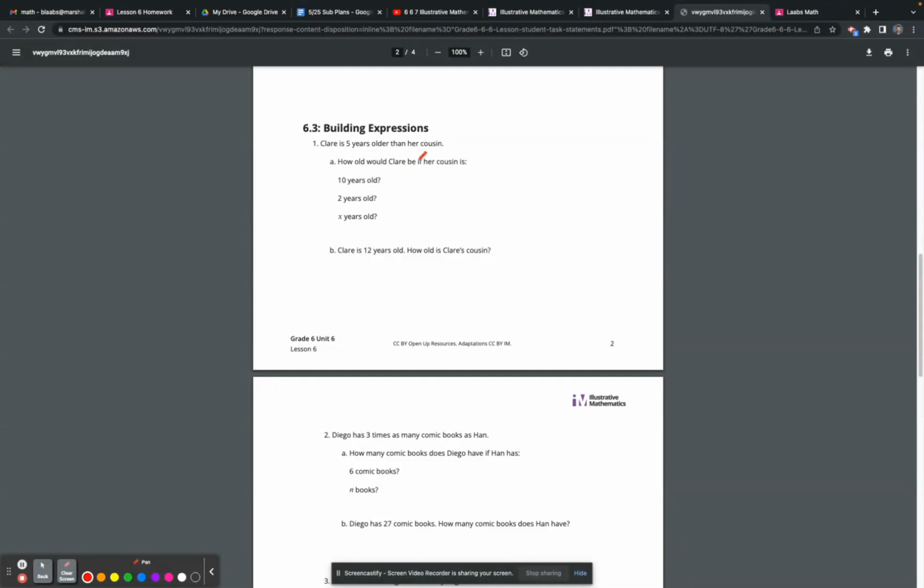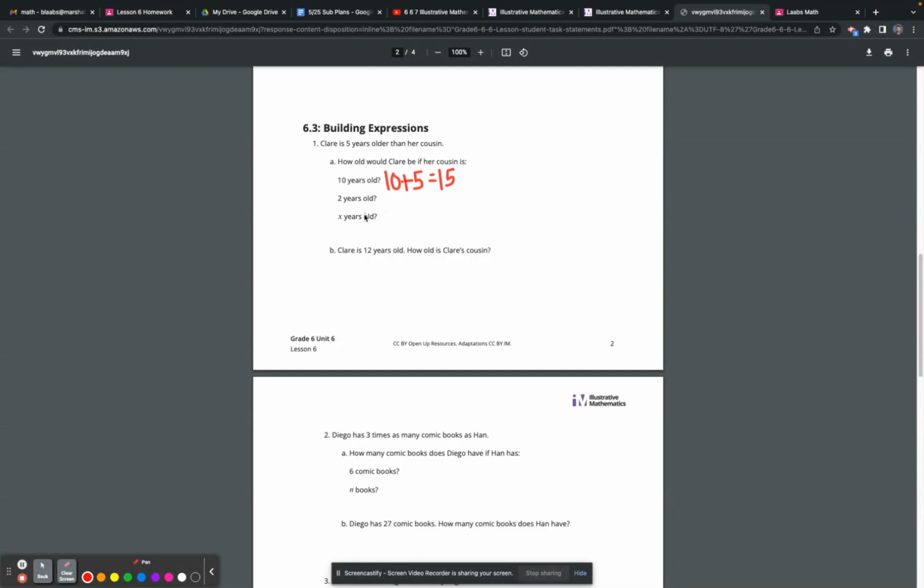Well, if her cousin is 10 and Claire is 5 years older, then we would have to add 5 years onto her cousin's age. So if her cousin was 10, Claire would be 15.